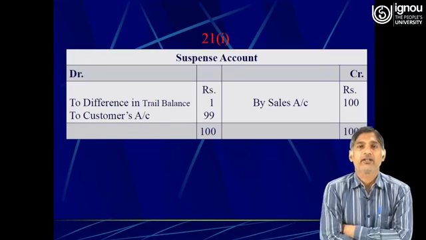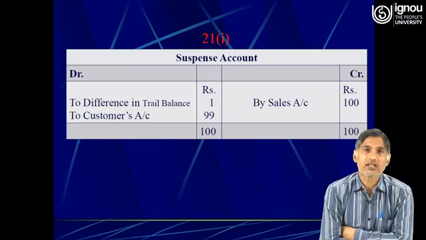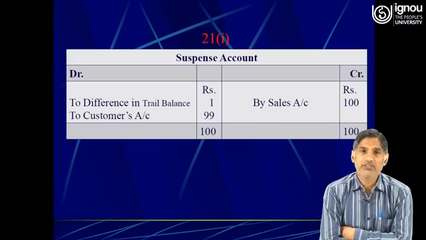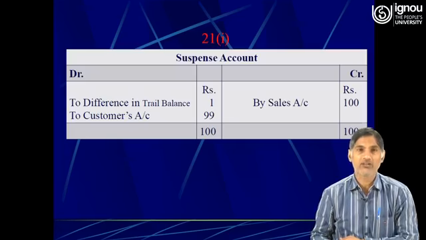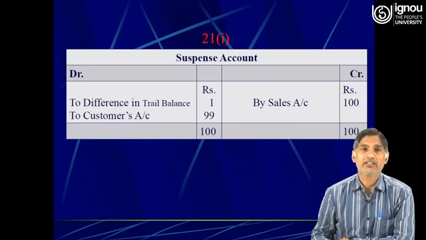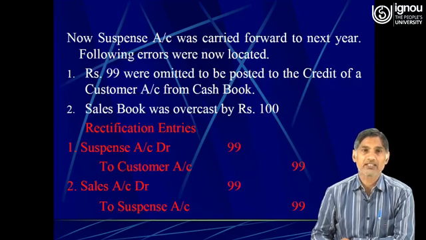Now we can prepare the suspense account. To difference in trial balance, which was credited in the trial balance. To difference in trial balance, it was rupees 1. To customer account 99, as we have already credited the customer account.